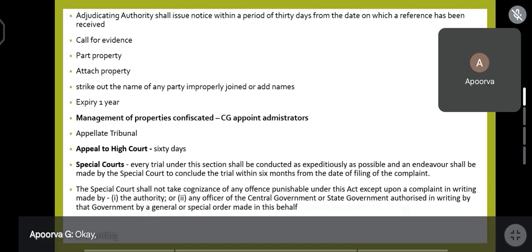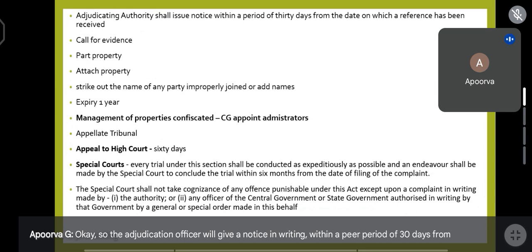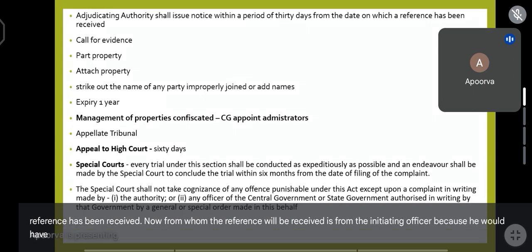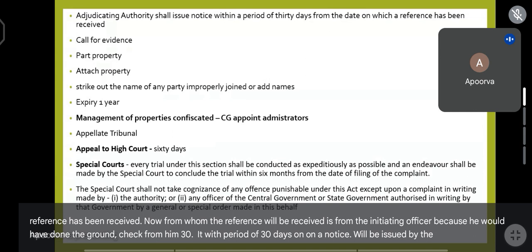The adjudication officer will give notice in writing within a period of 30 days from the date the reference has been received. The reference is received from the initiating officer, because he would have done the ground check. Within 30 days from him, a notice will be issued by the adjudication authority.